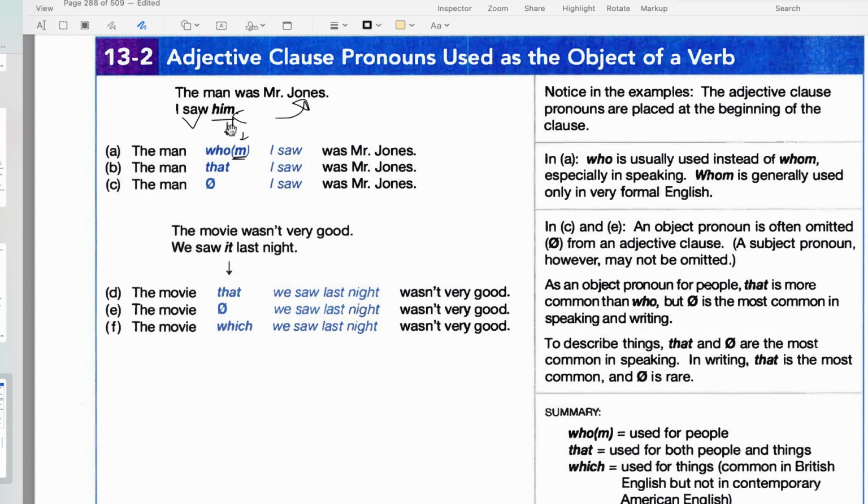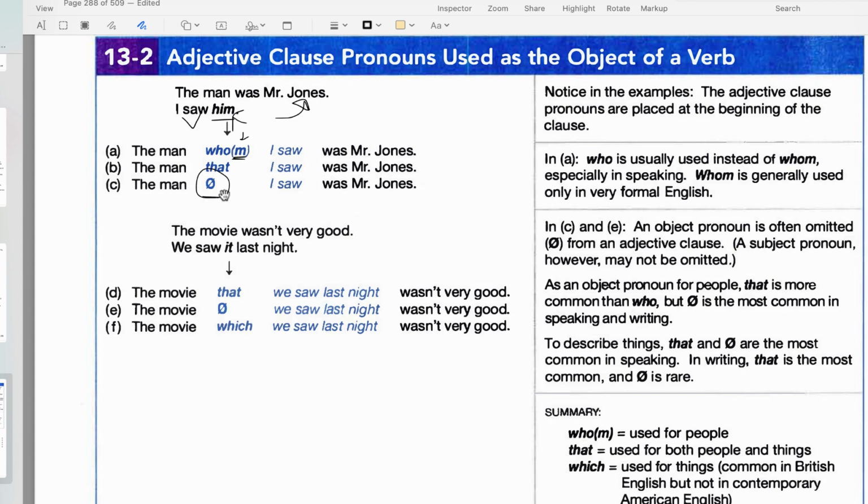So now we're going to choose pronouns that work as object pronouns. And this is object relative pronouns, which adjective clauses use. So we can use who or whom. We also have another choice, more informal, but we could say the man that I saw was Mr. Jones. Now here's something that only happens in object adjective clauses. And that's the option to not even put the pronoun.